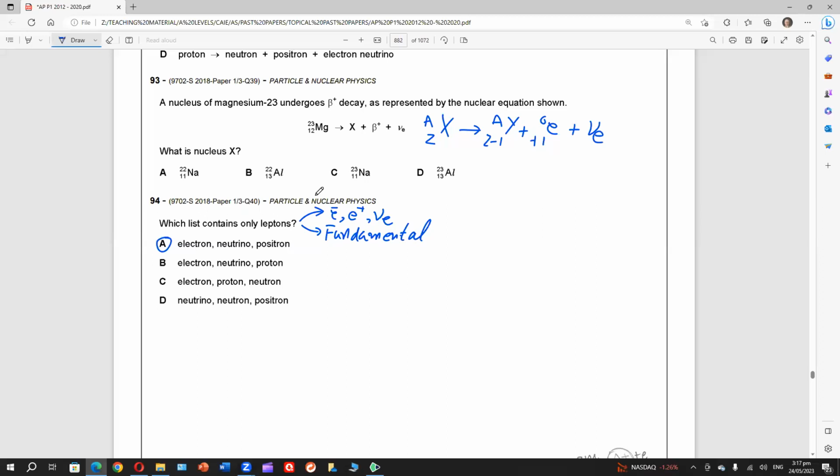So magnesium 23 remains 23, and 12 becomes 11, so I have C and D.